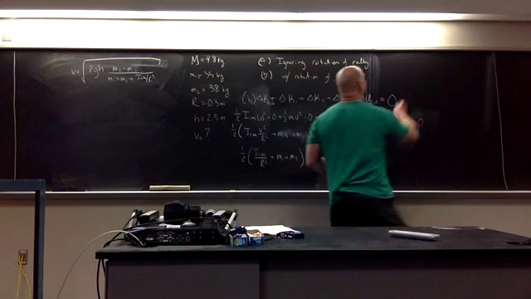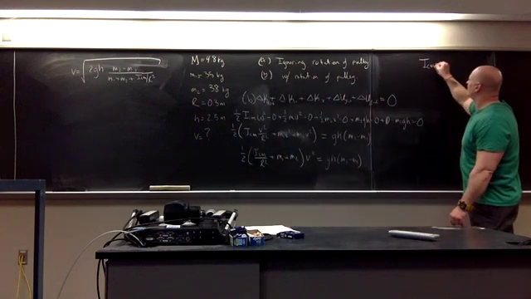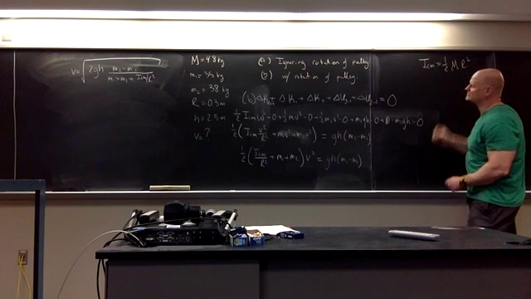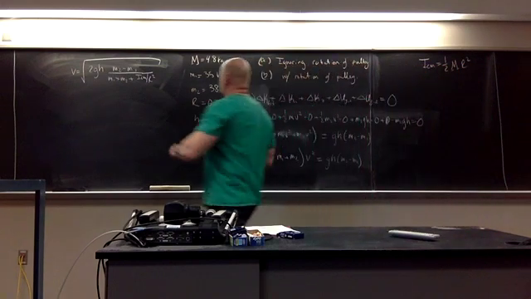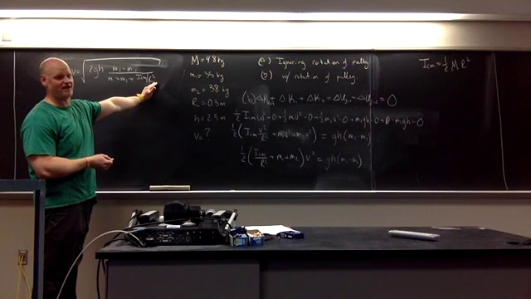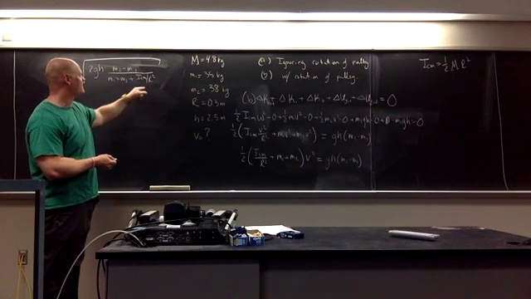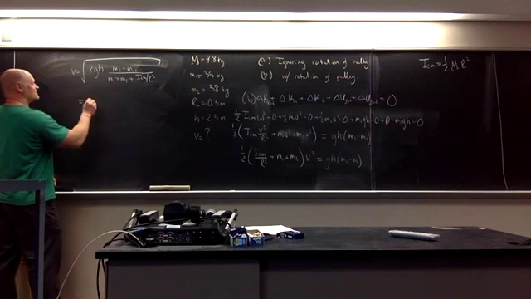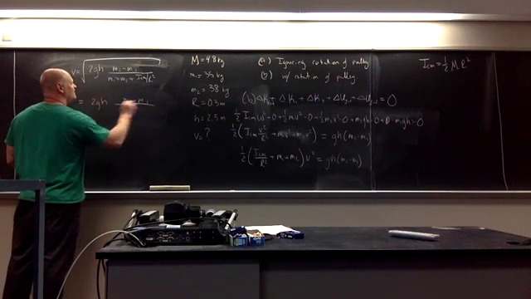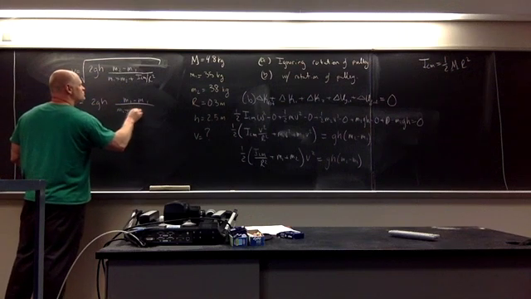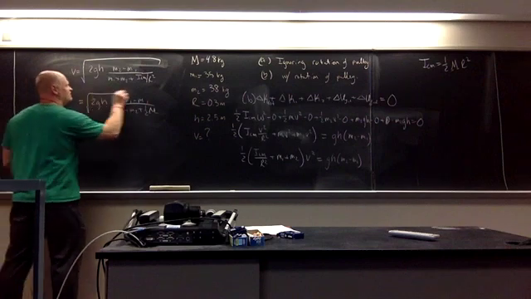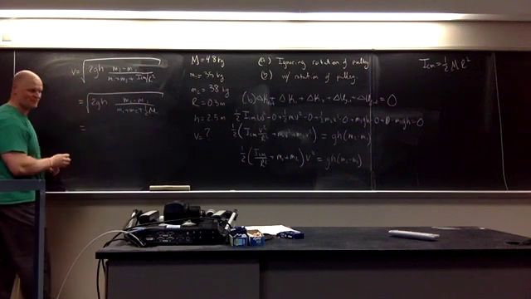So here the moment of inertia about the center of mass is equal to 1/2 the mass of the pulley times the radius of the pulley squared. This r squared cancels out that r squared, which means it doesn't depend on the radius of the pulley, only on its mass. So it's the square root of 2 times g times h times (m2 minus m1) divided by m1 plus m2 plus 1/2 the mass of the pulley.